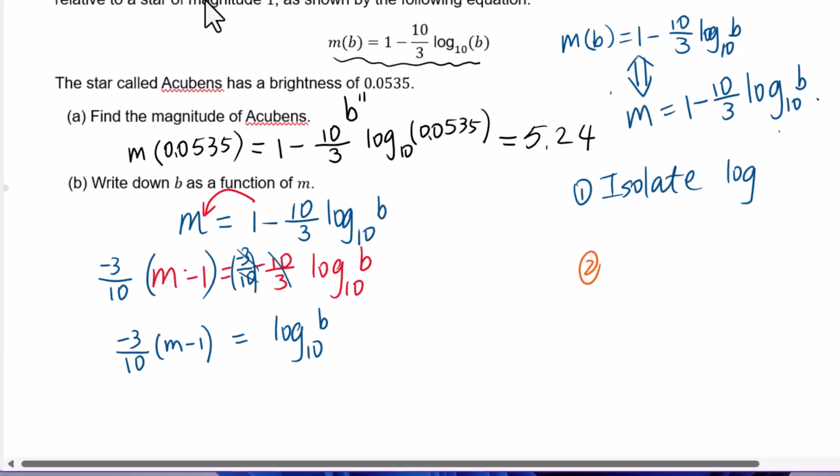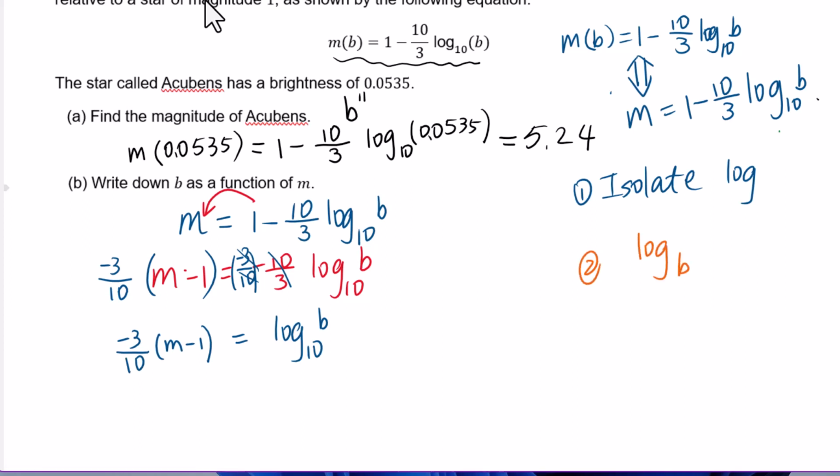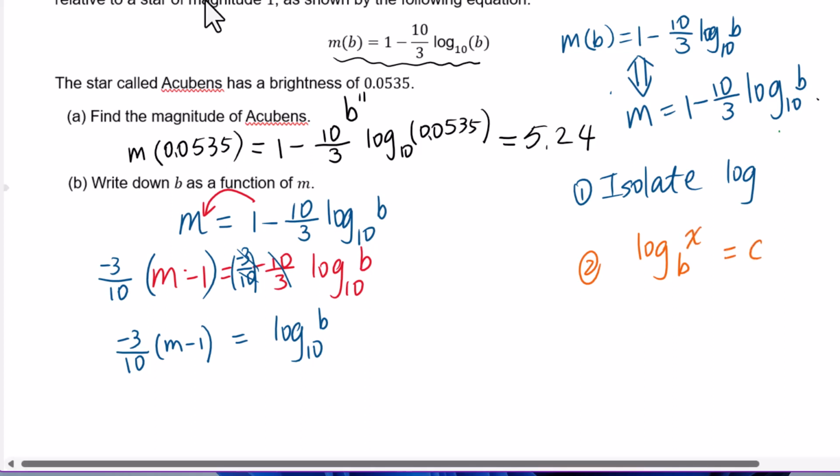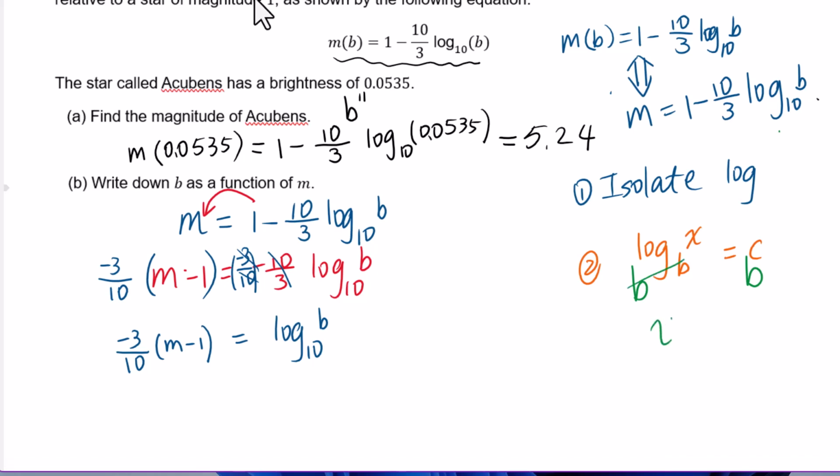Second step, if you got log base B of x equals C, we need to add base B on both sides so that I can get x equals B to the C power. The base of log is 10, so we add 10 as the base.